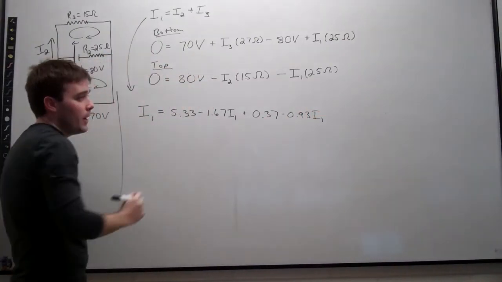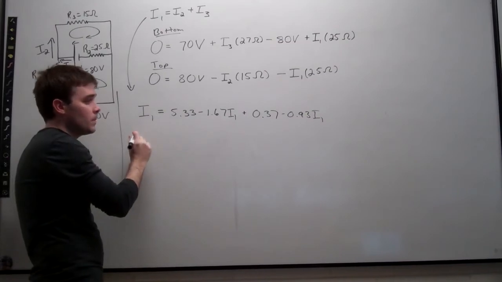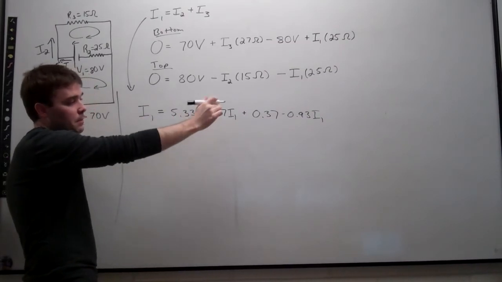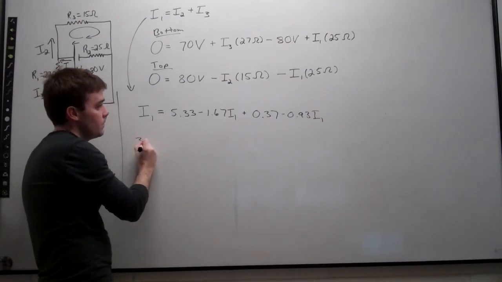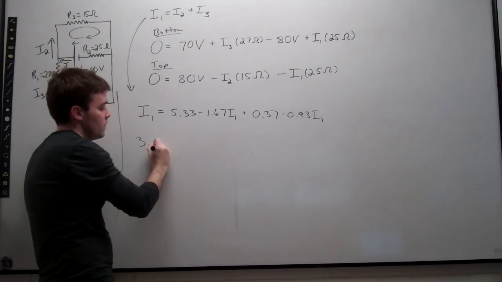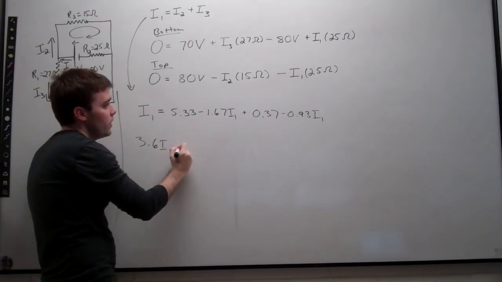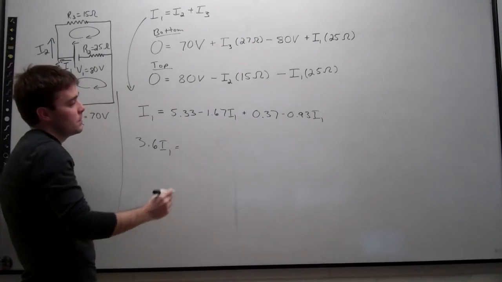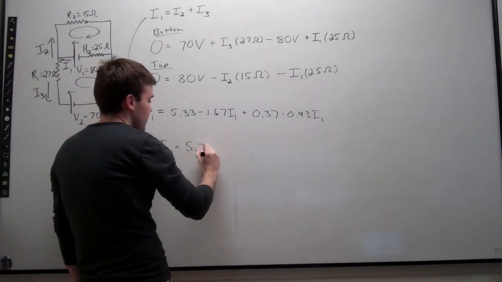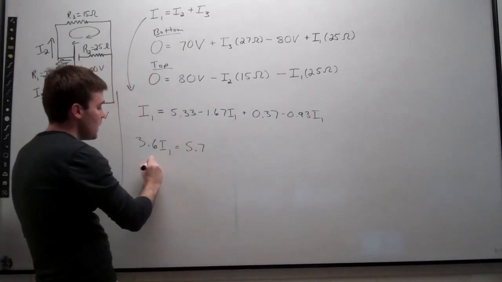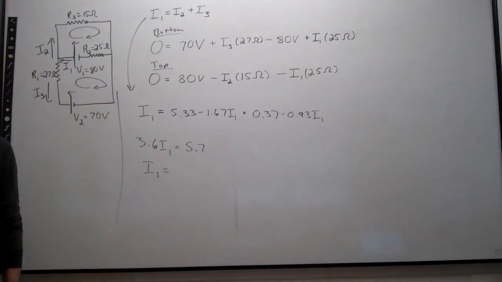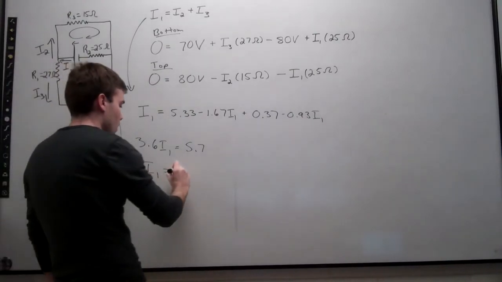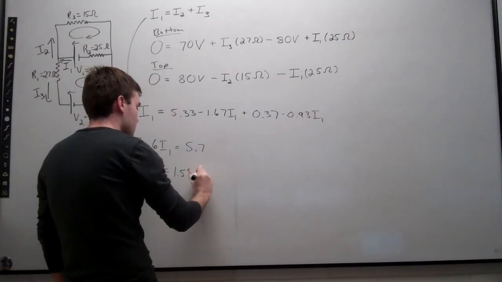Alright, so we add the two I1 terms to each side, and what do we get over here? So it should be 1 plus 1.67 plus 0.93. What is it, Kyle? 3.6 I1 equals 5.7. So what does I1 equal? 1.58 amps.